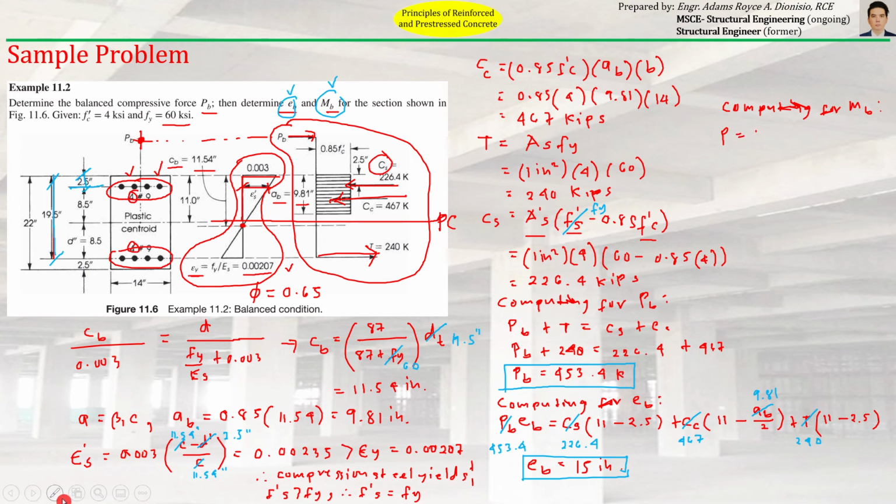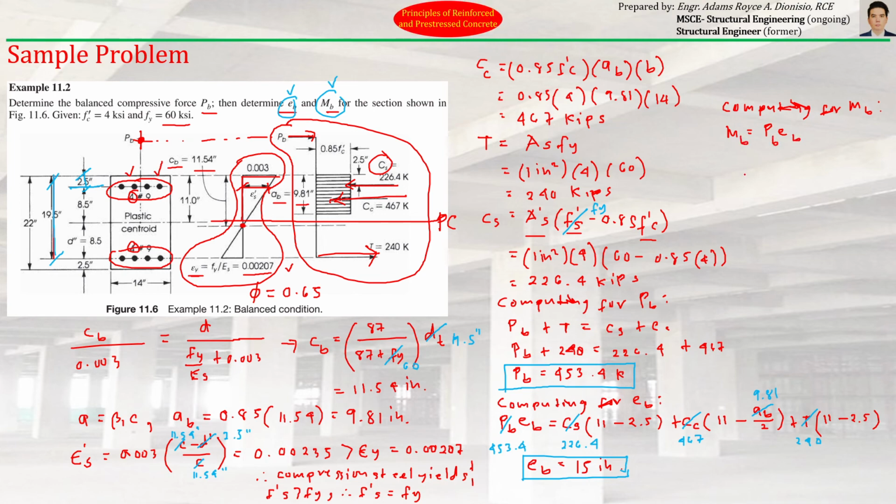Since we know that M is just equal to P times E, and since we are talking about balance condition, lagyan lang natin ng mga subscript na B, lahat to.